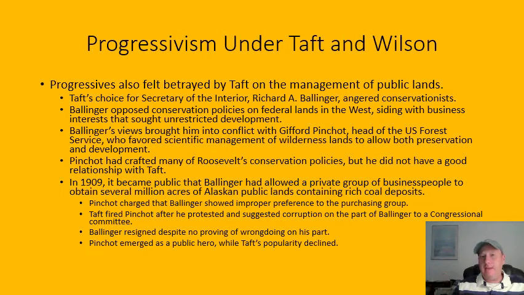So at this point, Taft has stood up for Ballinger and fired Pinchot. Ballinger, although it was never proven that he was involved in corrupt activities, resigned anyway, and Pinchot emerged from the entire affair as a popular hero. So Pinchot's status was very much raised, while Taft's popularity was declining.